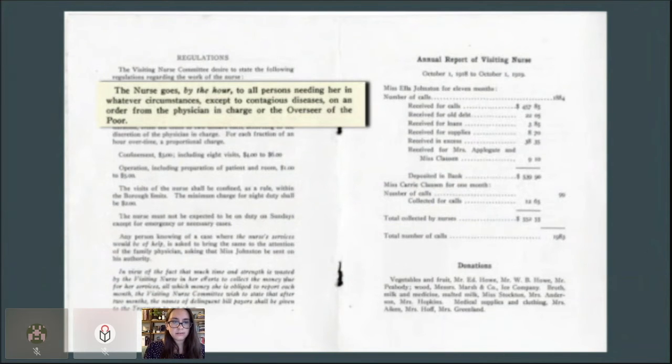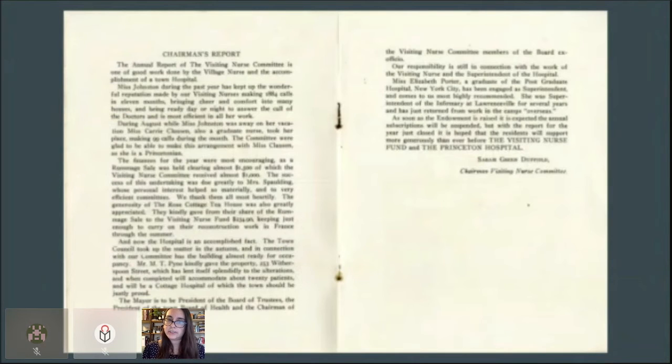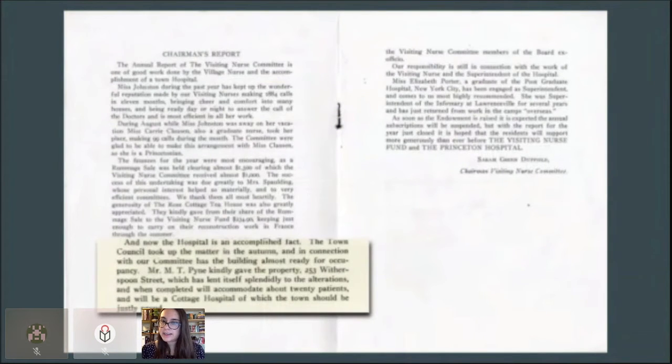However, if we look at the chairman's report that is included, you do find mention of Princeton Hospital being developed. They call it here an accomplished fact and mention that the town council took up the matter in the autumn and in connection with our committee has the building almost ready for occupancy.